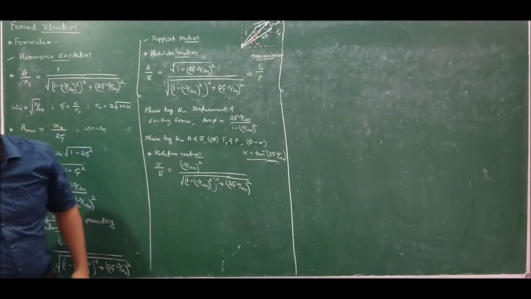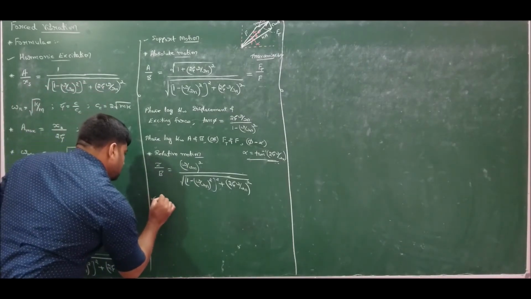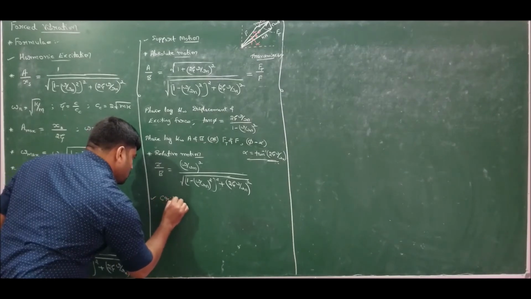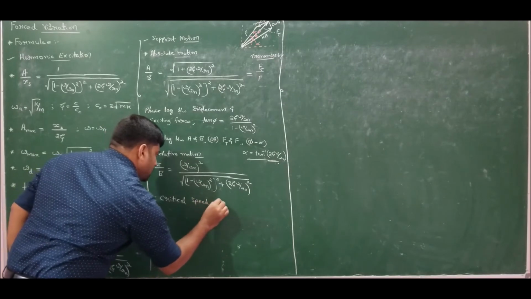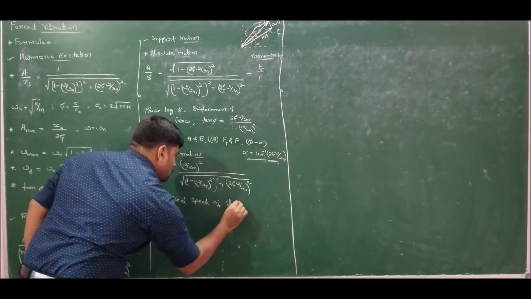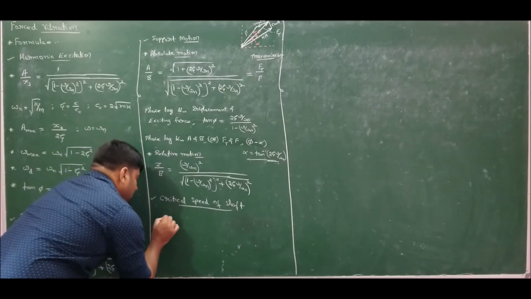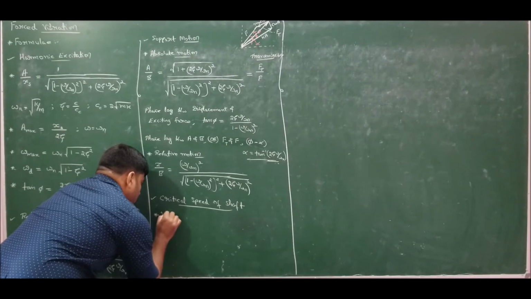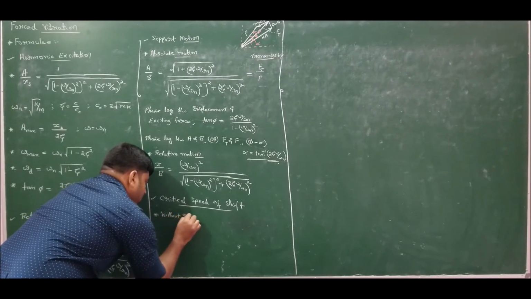Now moving ahead, we have discussed in our previous lecture critical speed of shaft. Coming to critical speed of shaft, we have two cases. Case 1 is without damping.